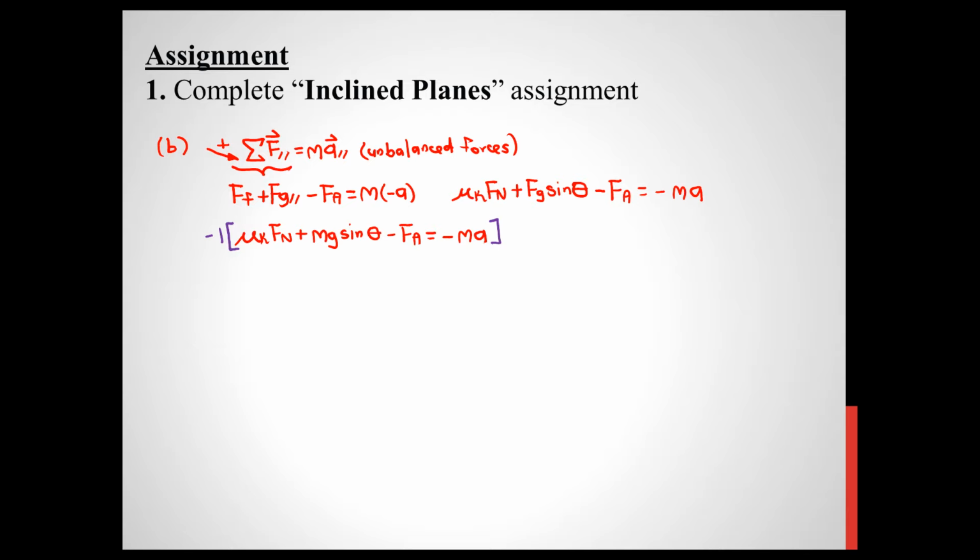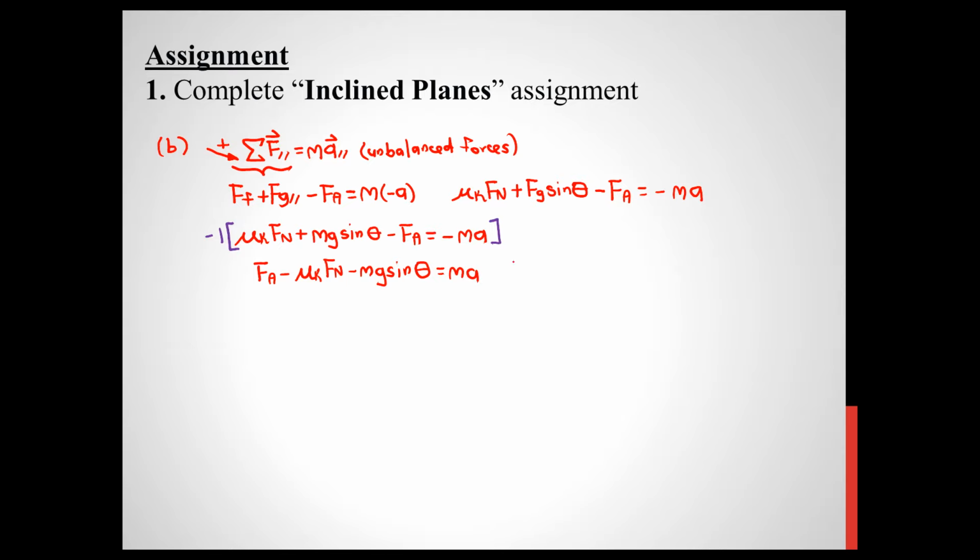So if I did that, this would then become, let's write the positive term first. Now, FA would be positive, so you'd have FA subtract mu k Fn minus mg sine theta would be equal to m times a.